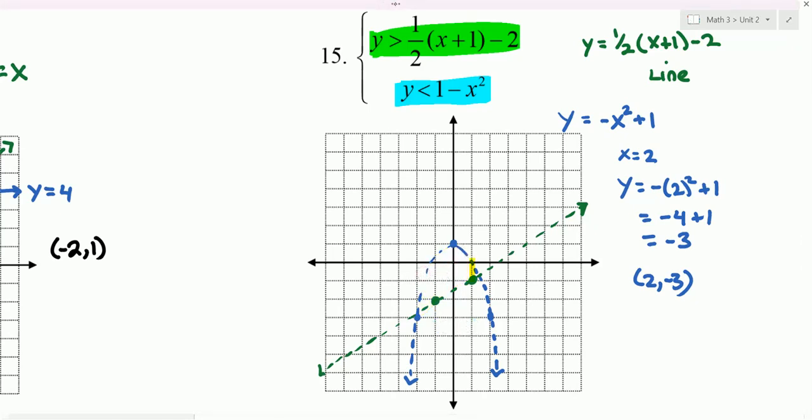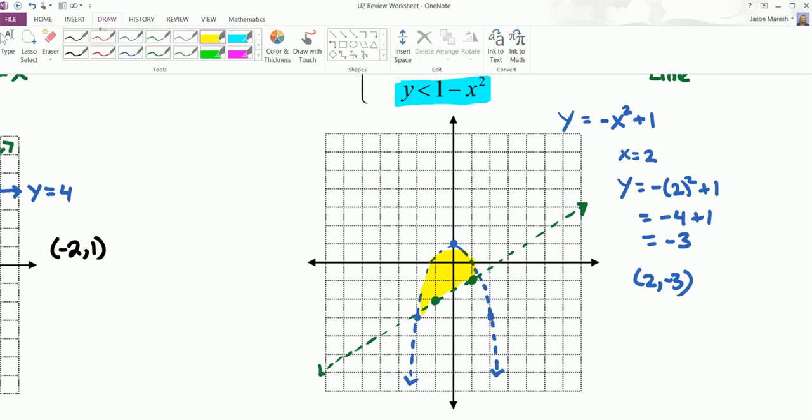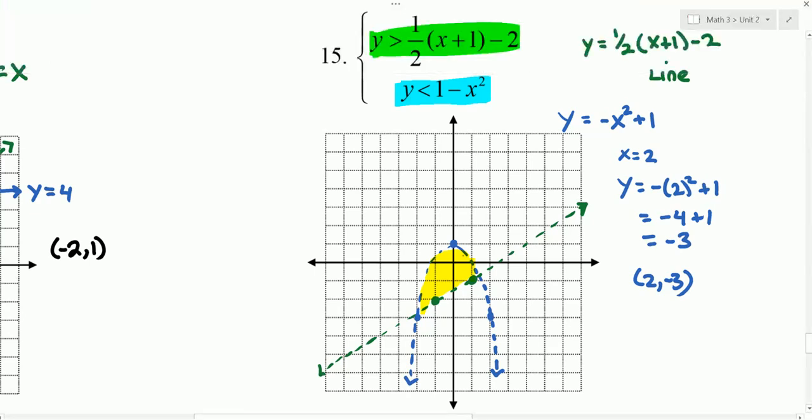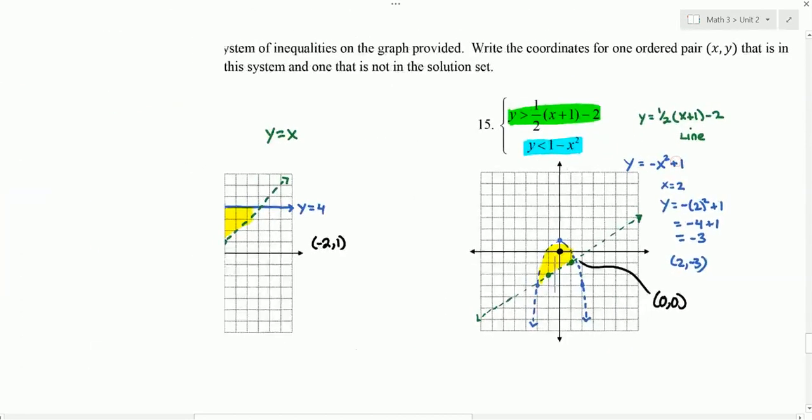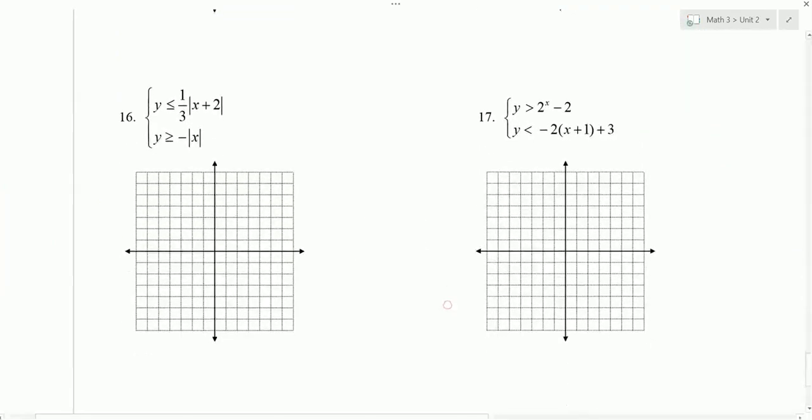Reshade that. Okay, so now what point is a solution? Here we cannot pick a point on the parabola or on the line because those are dashed. We have to pick something we know for sure is in the shaded region. 0, 0 is the easy one. So 0, 0 is definitely a point inside our shaded region. Okay, number 16.